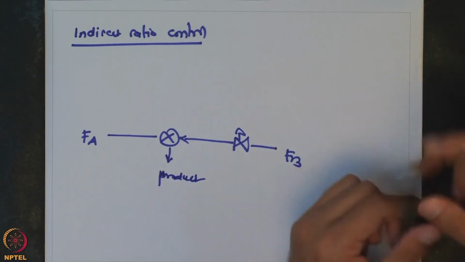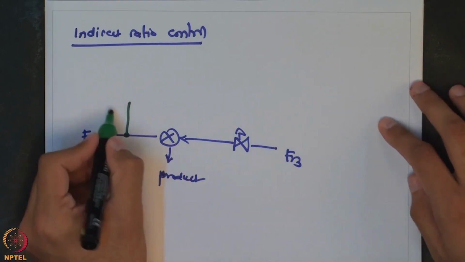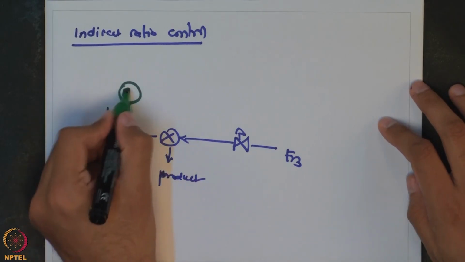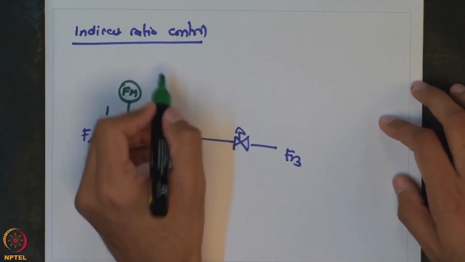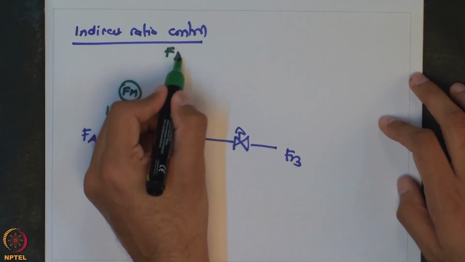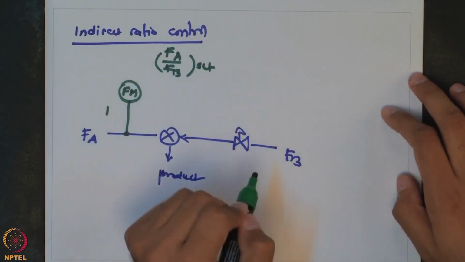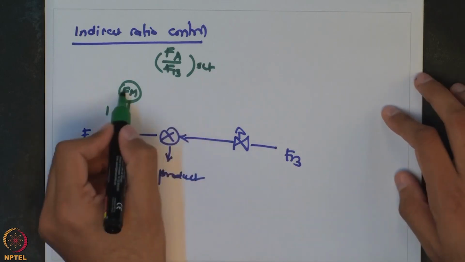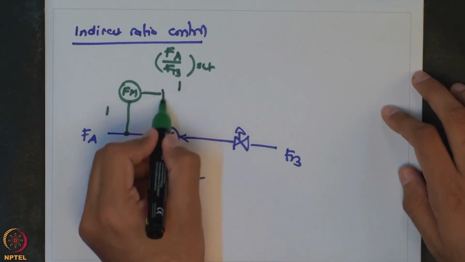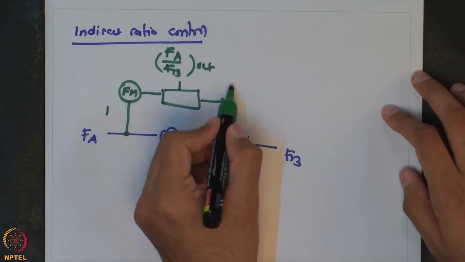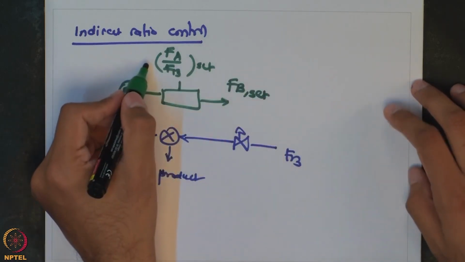In this case what you do is you measure your value of FA. Your flow measurement will give you the value of FA and it will take in the set value of the ratio, FA over FB set. It measures the current value of FA, and by using these two it will compute the FB needed in order to maintain this ratio.